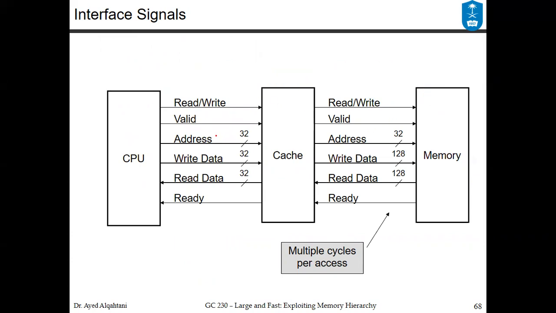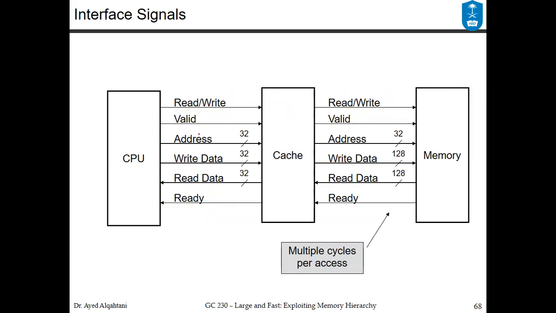Notice that you have controls like read and write, moving from the CPU to the cache and from the cache to the memory, so this control is repeated here. And also the valid and the ready signal. When the cache is ready, it tells the CPU it's ready, and the CPU can access. If the memory is ready, it tells the cache when the cache wants something from the memory, or also when the CPU wants anything from the memory. So these are the controls.